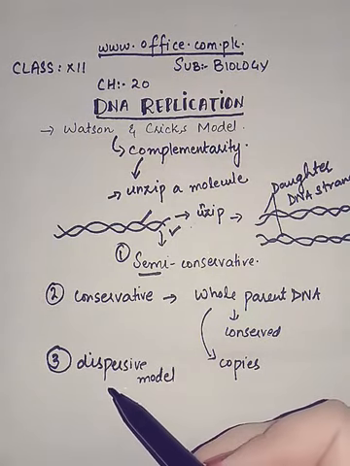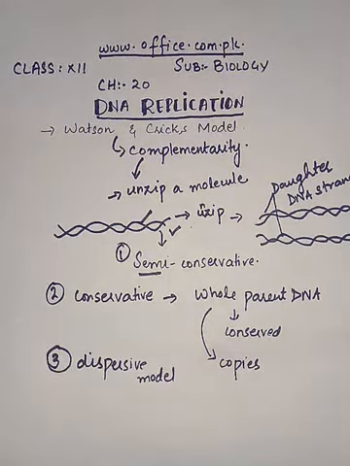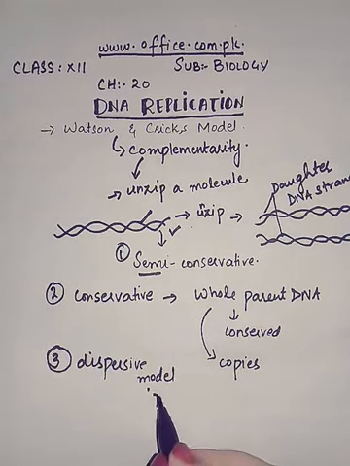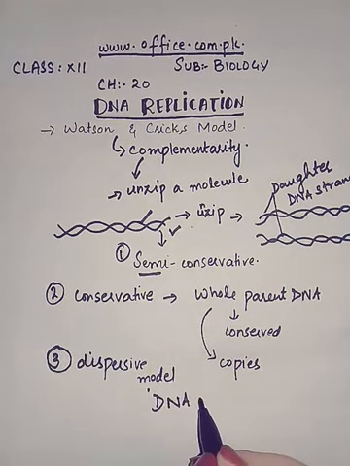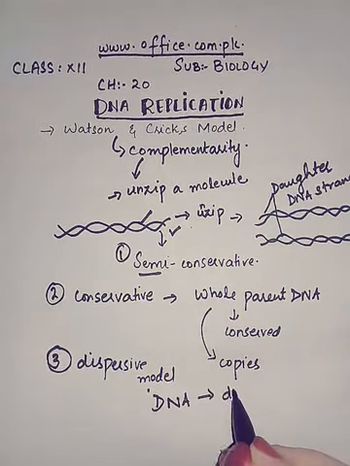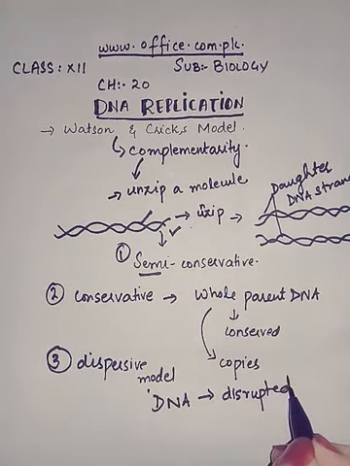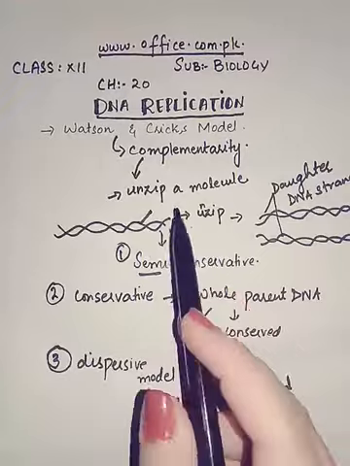The dispersive model predicted that the parental DNA will become completely dispersed, and each strand of all the daughter molecules would be a mixture of old and new DNA. So it states that the DNA molecule is completely disrupted into nucleotides, not strands.